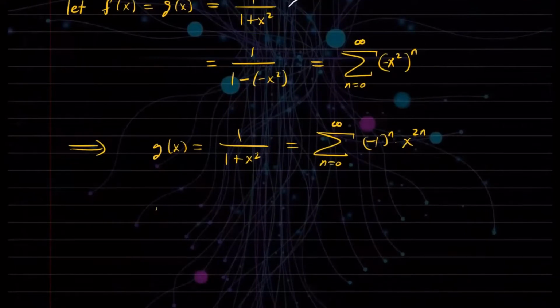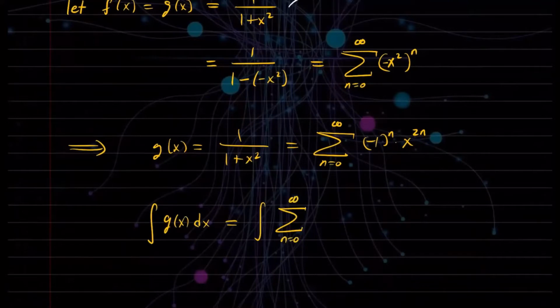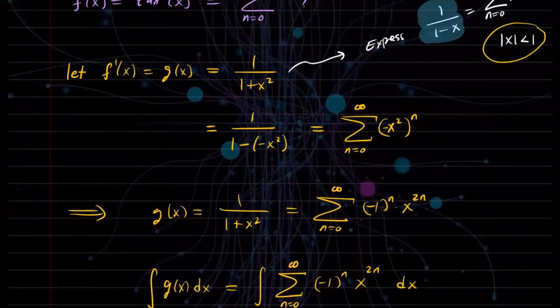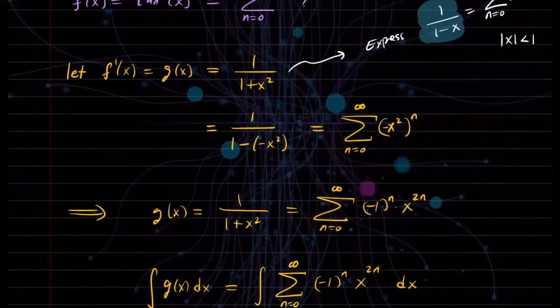If I integrate g of x with respect to x, so I'm integrating this infinite sum with respect to x, this is what we get: negative 1 to the n times x to the power 2n dx. Now let's keep in mind that this series will also converge the same as this one. So we know that the interval of convergence for this series is also absolute value of x less than 1.